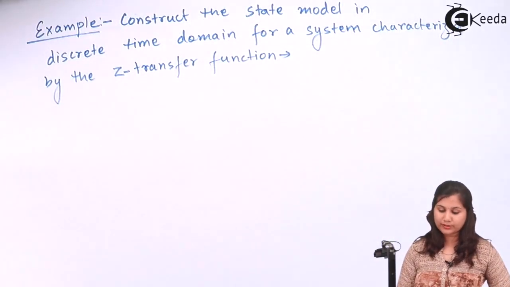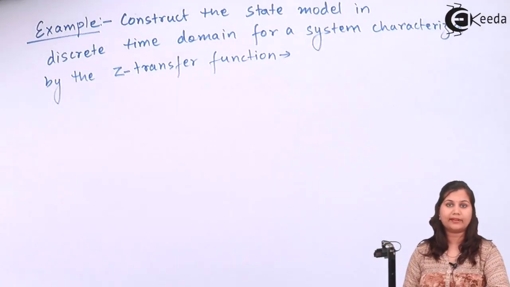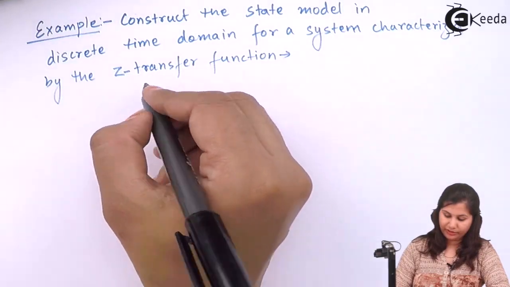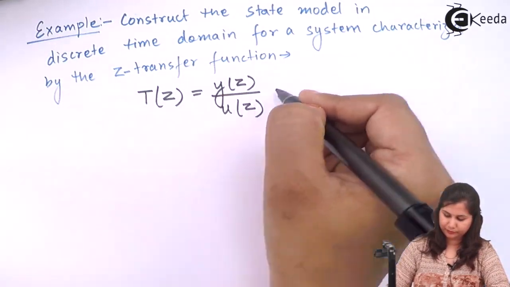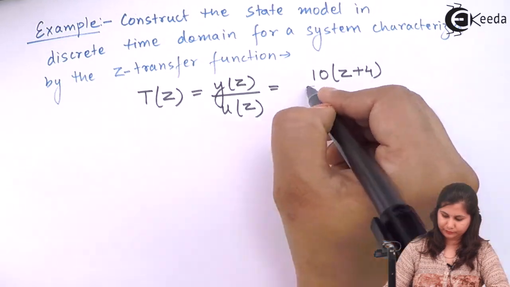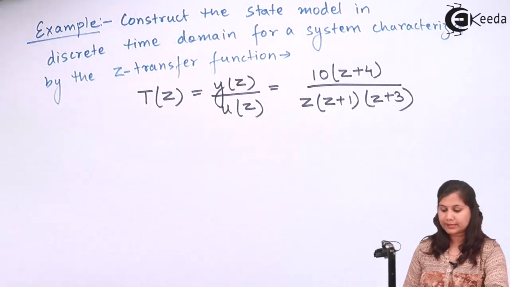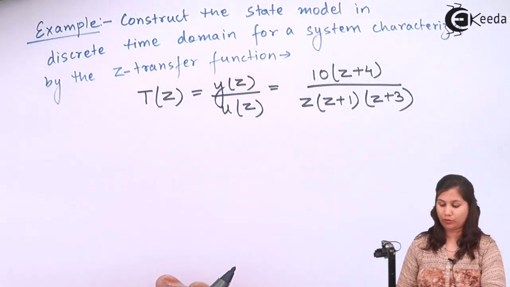We have to construct the state model in discrete time domain for a system which is characterized by the Z transfer function. The transfer function of this system is given to us in the Z domain.